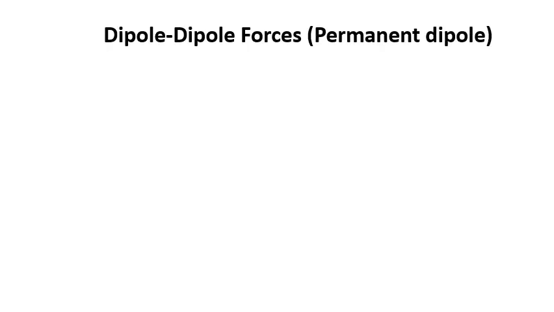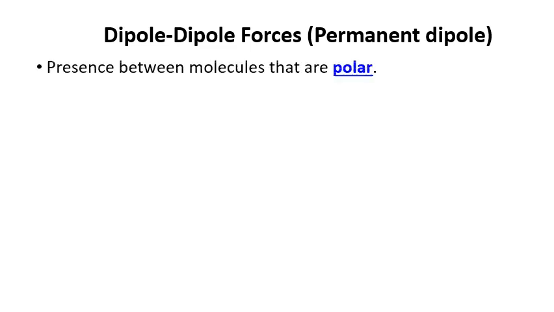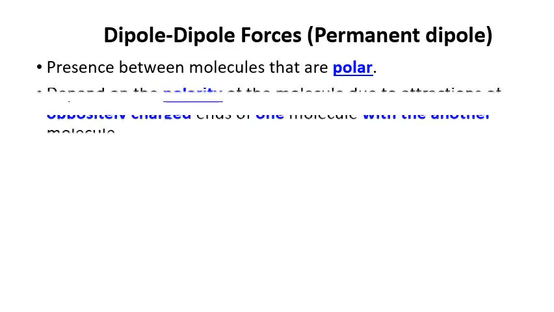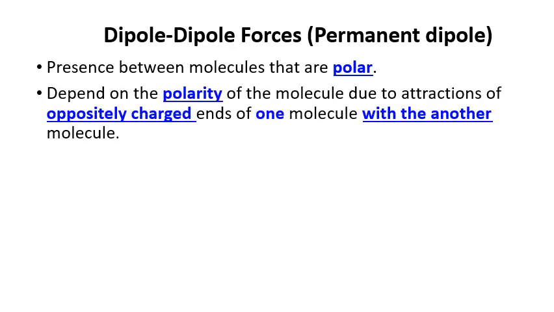Hello, welcome back. In this video, we will focus on the second type of van der Waals force, which is permanent dipole, also known as dipole-dipole forces. For your information, dipole-dipole forces are always present between polar molecules. Why does this happen? Because in a polar molecule, there will always be one part that is partially positive and another part that is partially negative, like HCl.